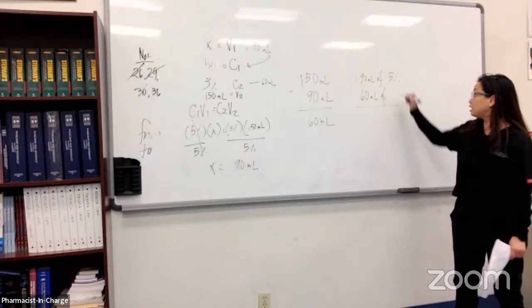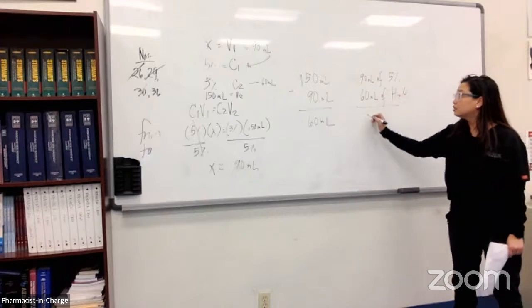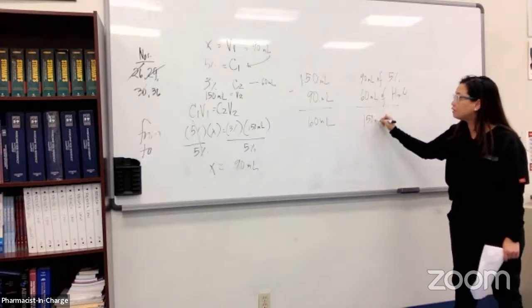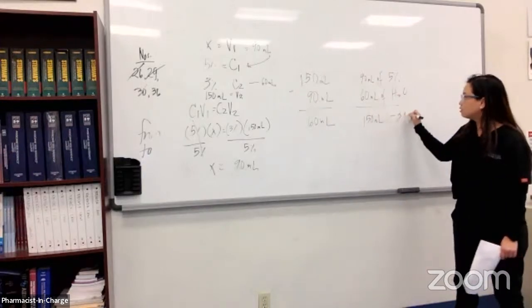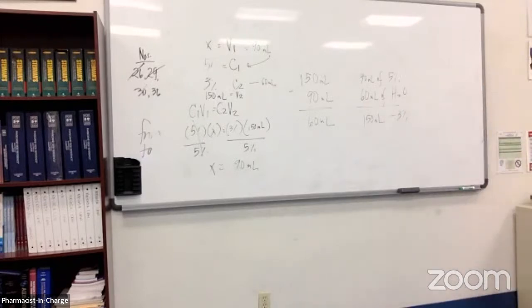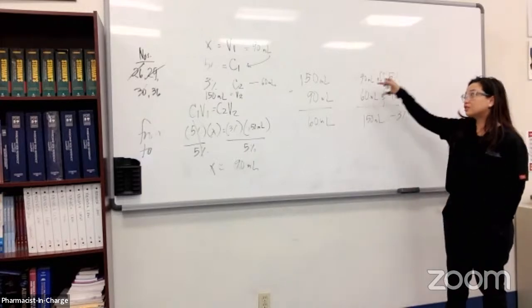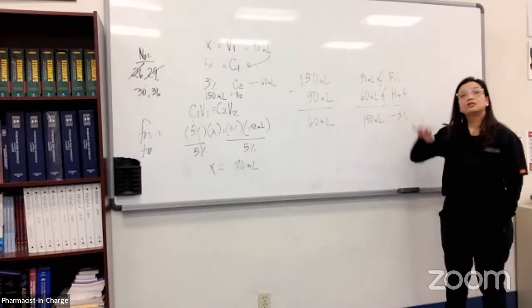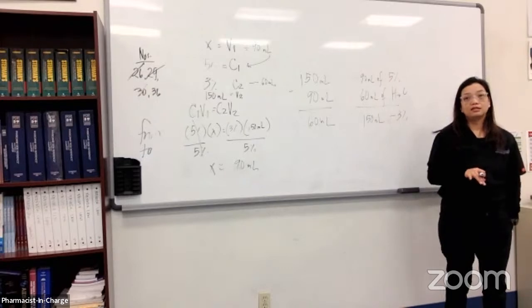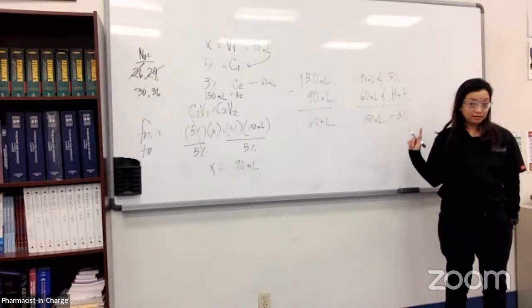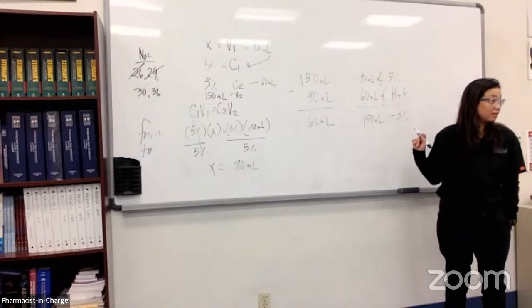Sorry, that's 60 ml of water, correct? To get 150 ml of 3%. Correct? You see that? Higher concentration plus water, you get the diluted solution. That's one way, because it's dilution. It didn't specifically say use alligation.